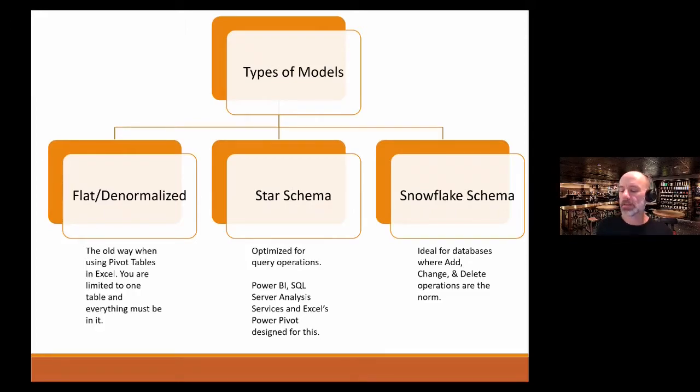In the middle of that is the Star Schema. And a Star Schema is optimized for query operations. So Power BI, SQL Server Analysis Services, and Power Pivot in Excel are designed for this. A lot of people don't realize this, but when you launch Power BI Desktop, you are actually launching a runtime version of SQL Server Analysis Services on your computer.